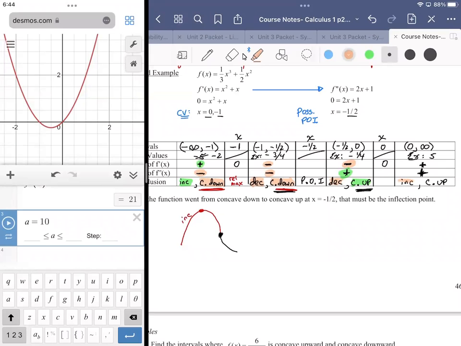This should be green, because we have a change again. This change goes from decreasing to increasing. So this graph is going down, so it's decreasing, then it hits some point, and then it starts increasing again.